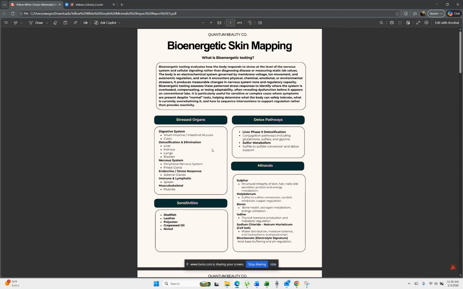We know that the skin has its own HPA axis, so we see the nervous system as well as the adrenal glands resonating. We see the spleen, which in TCM needs a lot of care in relation to damp, quote unquote, types of conditions. So things like eczema and heat and inflammation in the skin, candida and fungal overgrowth, things like that.